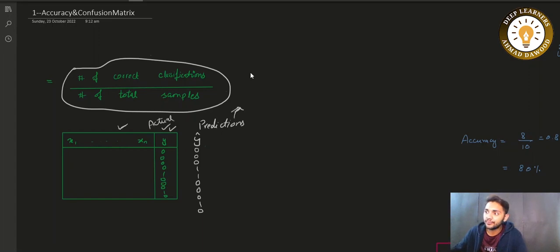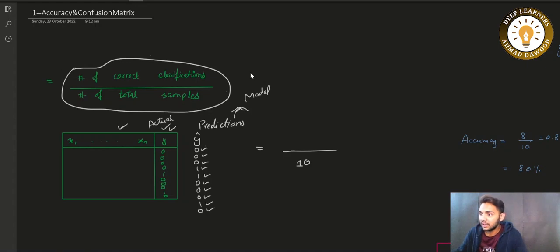If we want to calculate the accuracy for the model that has made these predictions, the number of correct classifications will be the numerator, and the number of total samples the denominator. The total samples are 10: 1 2 3 4 5 6 7 8 9 10. We passed 10 samples to that model, and against each sample we got a prediction.